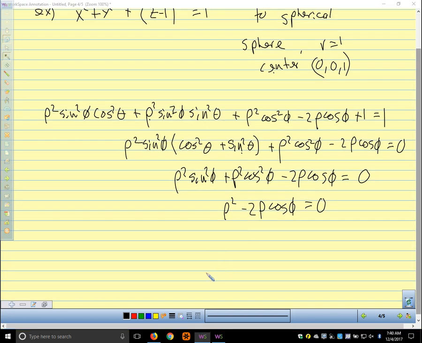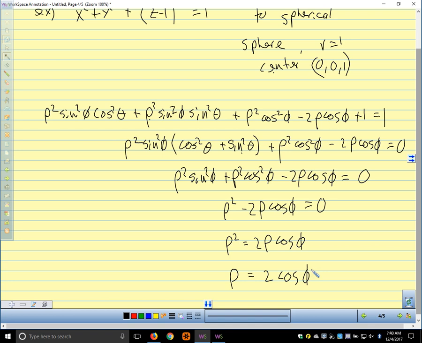I'm going to write this as rho squared equals 2 rho cosine phi, and I'm going to divide by rho, so rho equals 2 cosine phi. Do I miss a solution rho equals 0 here?